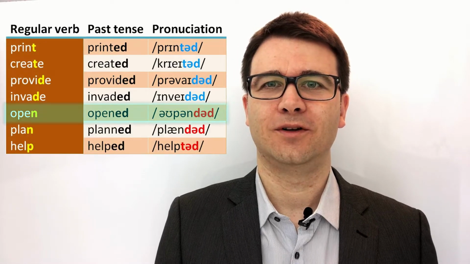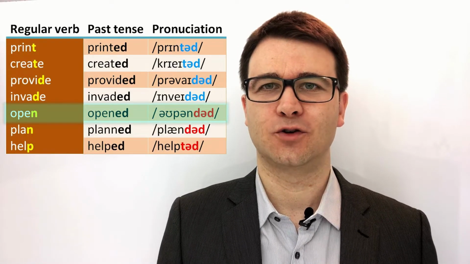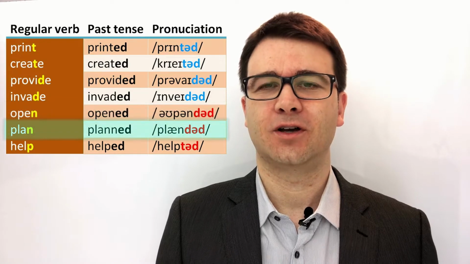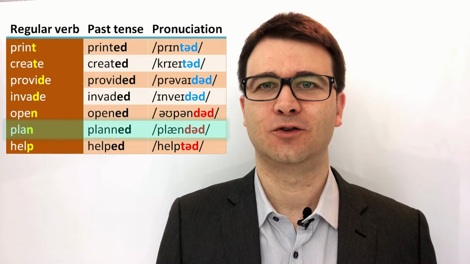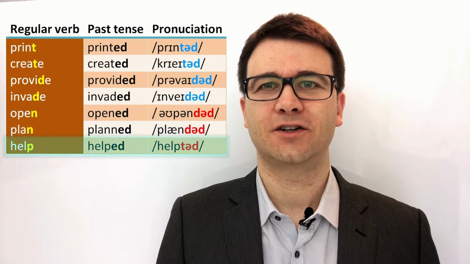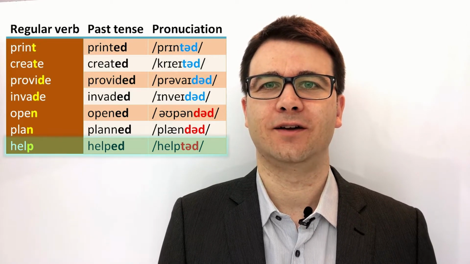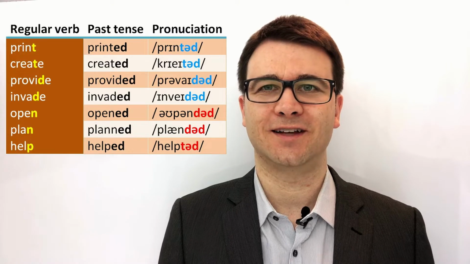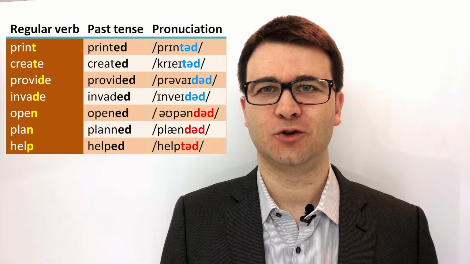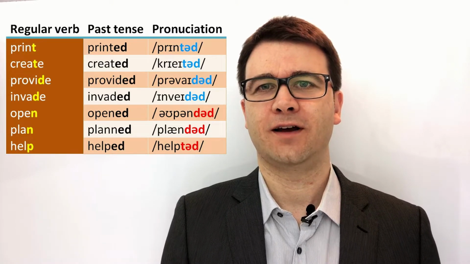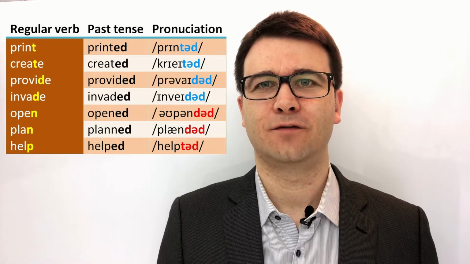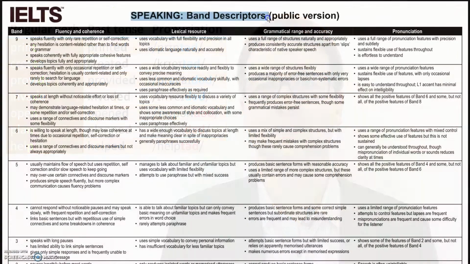For example, you can't change open to opened, you can't change plan to planned, and you can't change help to helped. If you pronounce them this way, then native speakers might understand you once they realize your mistake, but they might have difficulty at first. And for this reason, this will limit your band score in pronunciation to a 6, as it says in the band descriptors.